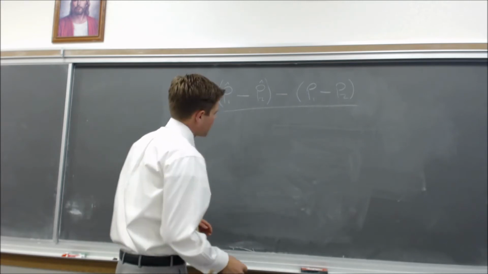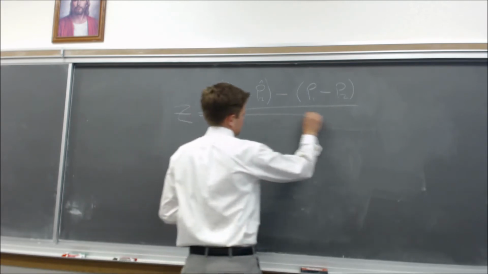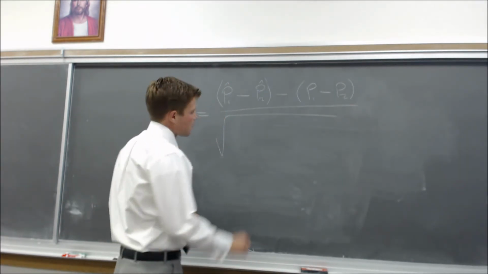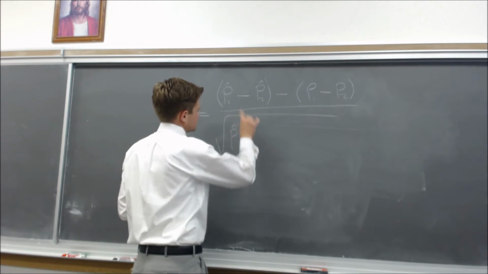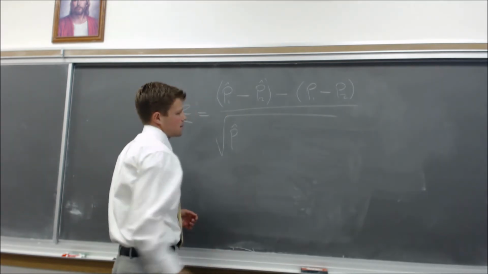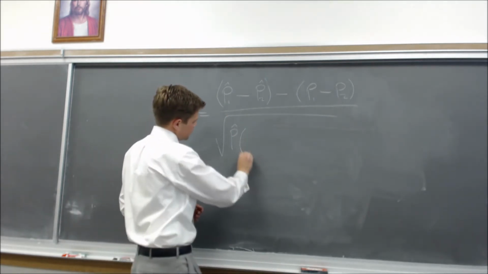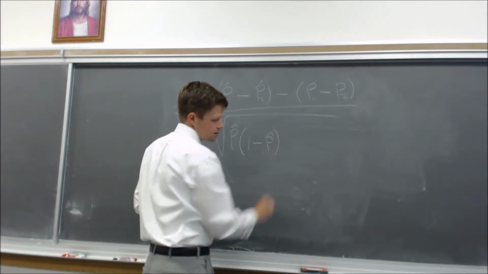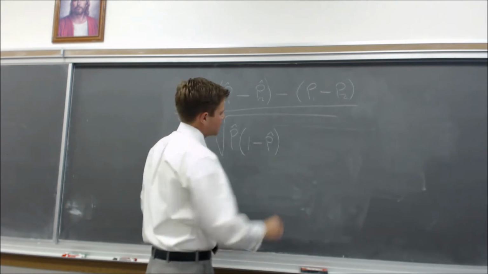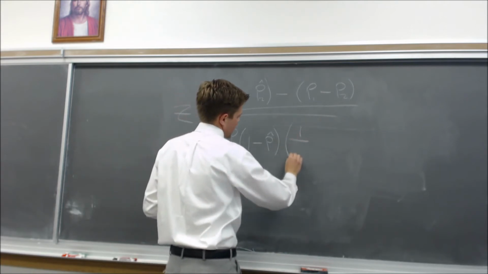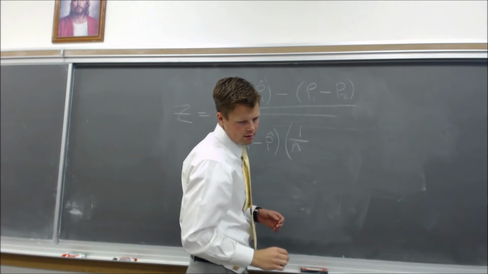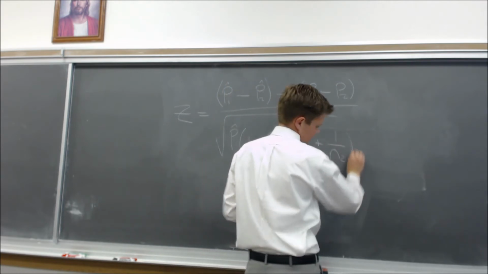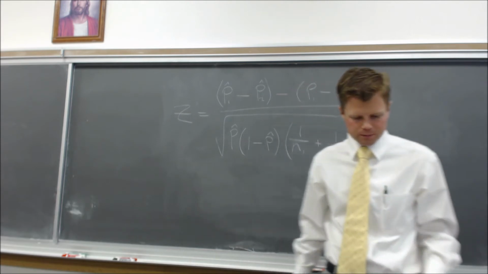Okay, and then on the bottom we're going to have our standard deviation, which again is going to be a long square root of our p hat. Now this is combined, so we combine them both, times 1 minus the p hat, times 1 divided by n1 plus 1 divided by n2.